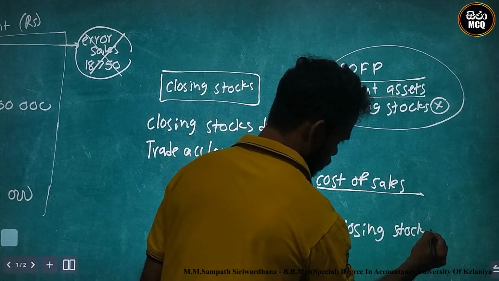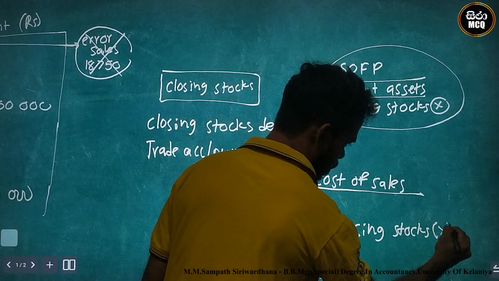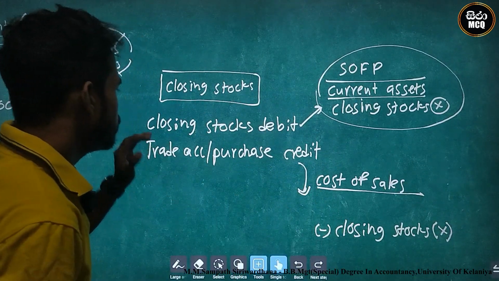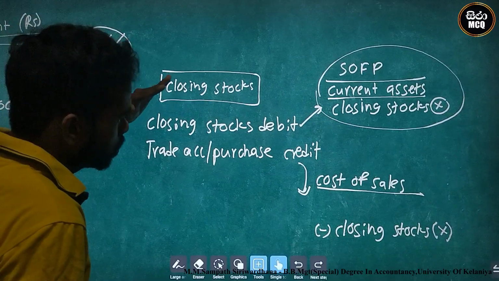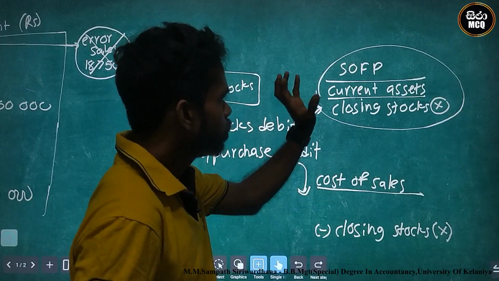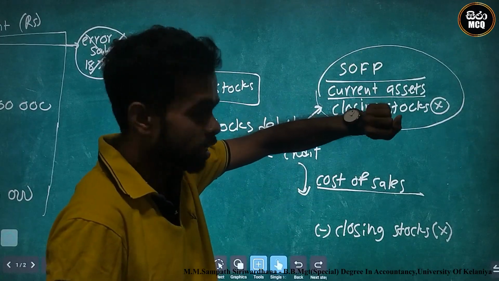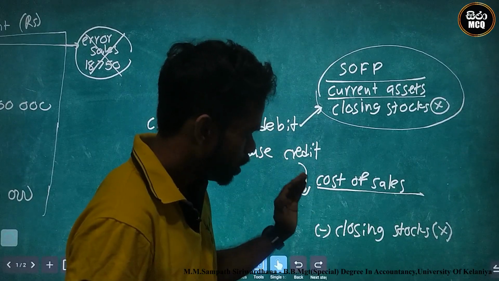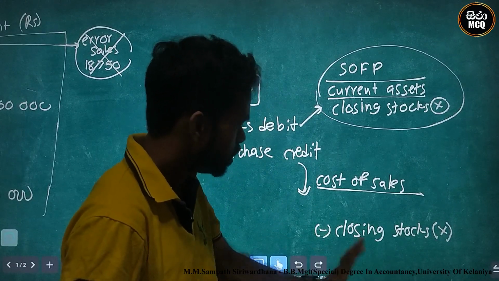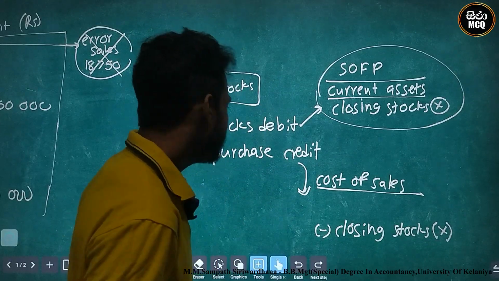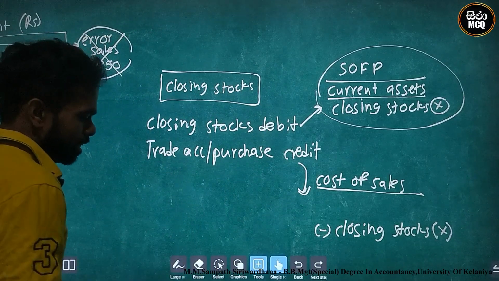This is the destination of closing stock, the minus deduction. Closing stock debit goes to SOFP, statement of financial position, and the credit is deducted from cost of sales. Okay, this is the closing stock double entry.